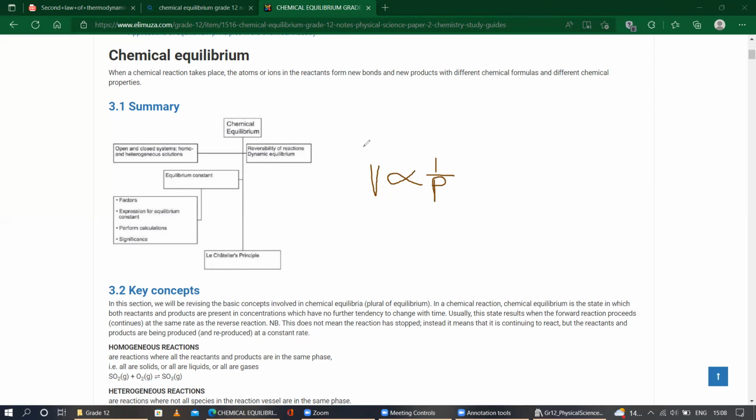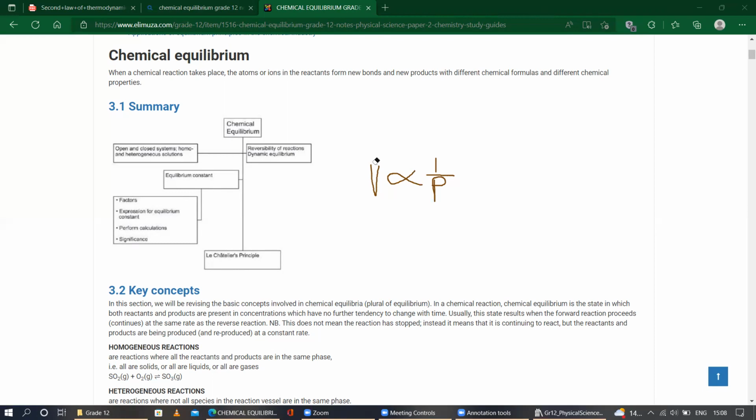Yes. Then that means when the volume increases, the pressure is going to decrease, and when the volume decreases, the pressure is going to increase. So that's why I'm saying it's indirect. It doesn't directly affect it, but it's indirect.